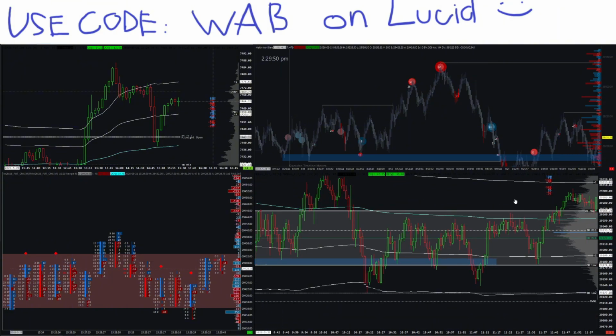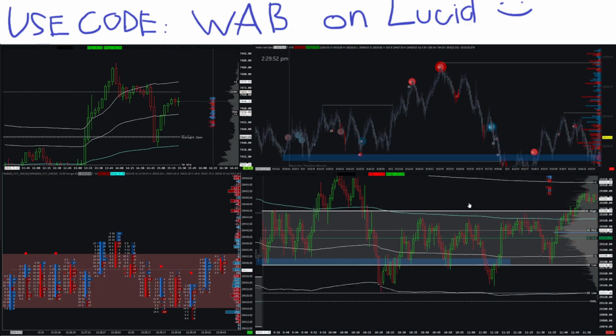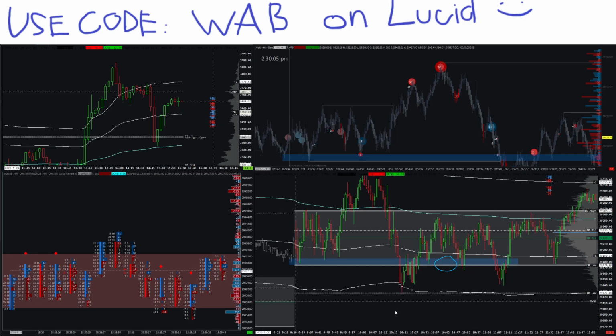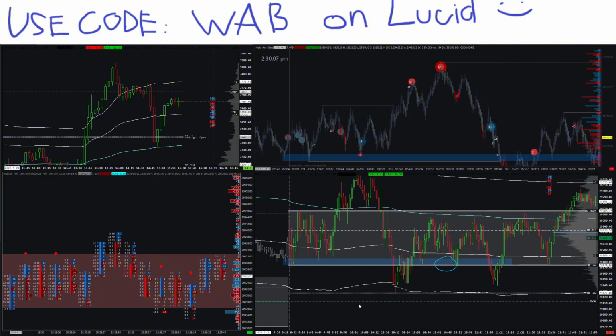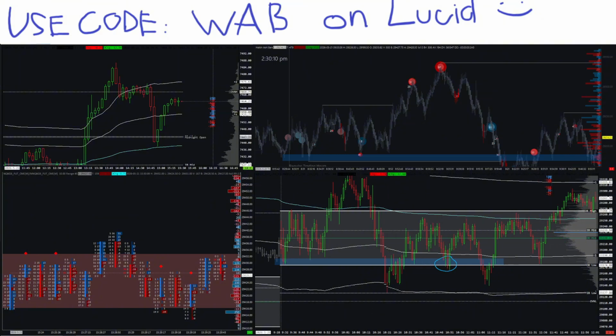Let's talk about that. Right here, this is where I went long. If you know the way I trade already, you can see everything is very similar to other setups I take. You can see price made a low here.